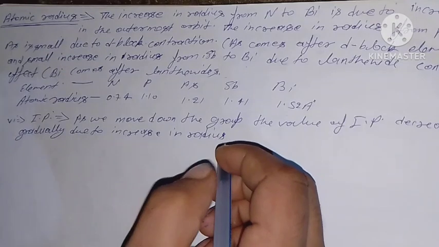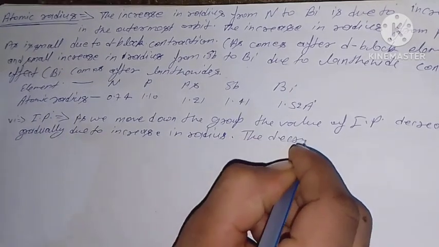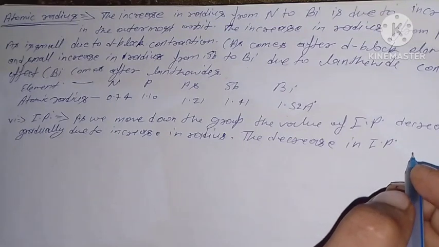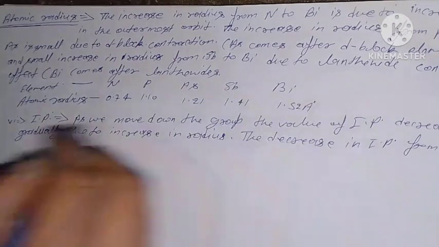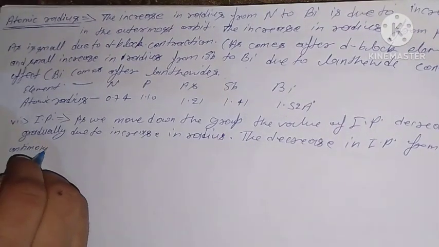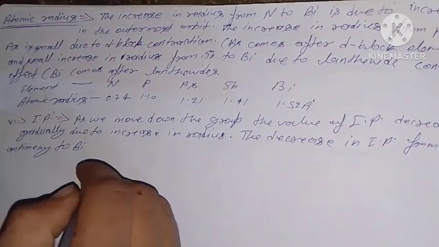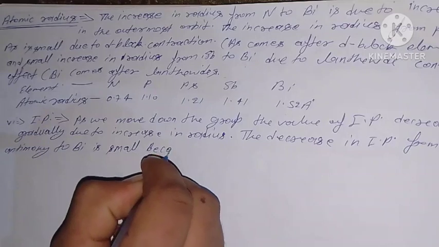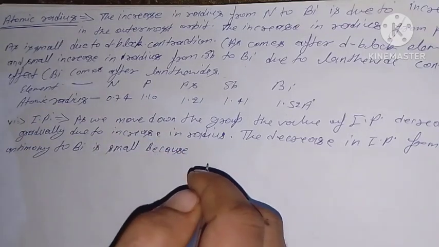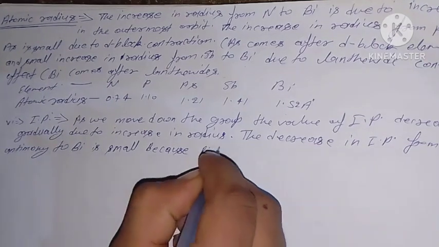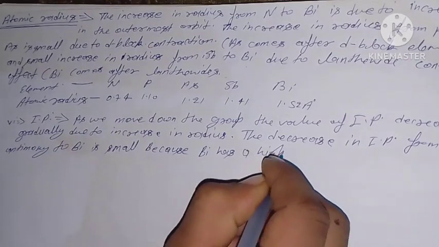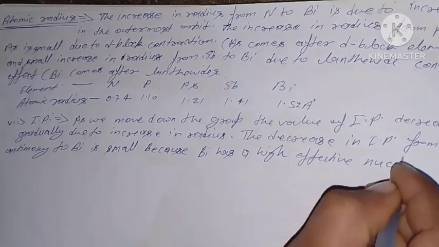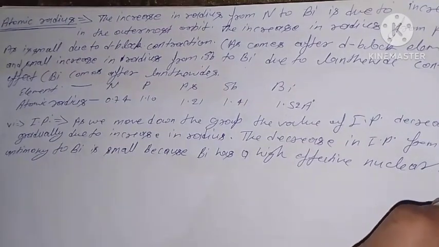The decrease in ionization potential from antimony to bismuth is small because bismuth has a high effective nuclear charge. Effective nuclear charge. Okay.